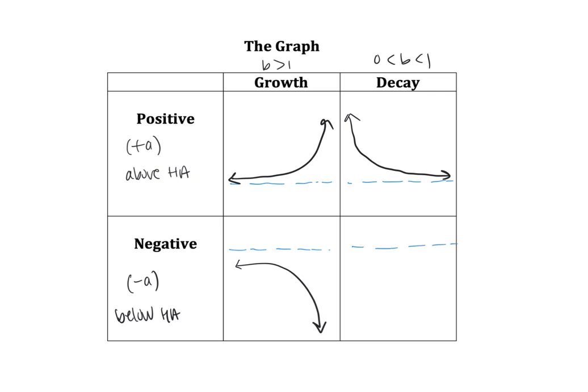If that A is negative, it just reflects over. And you can see that now this is growth and this is decay. So once you add that negative A value and do a reflection, what was growth becomes decay, and what was decay becomes growth.